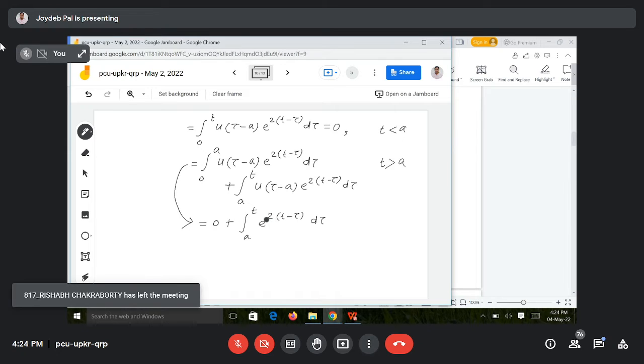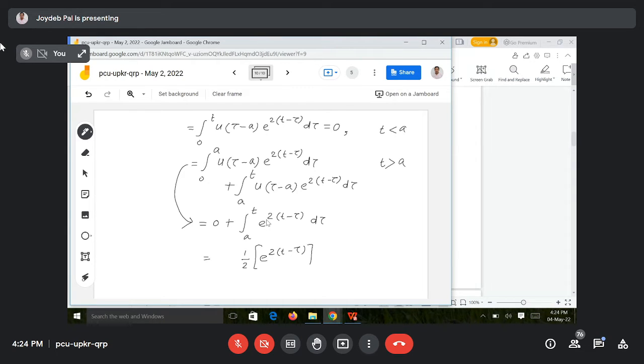Okay, now you solve that integration. I need to write it repeatedly. So 1 by 2 e to the power 2t minus tau, from a to t.